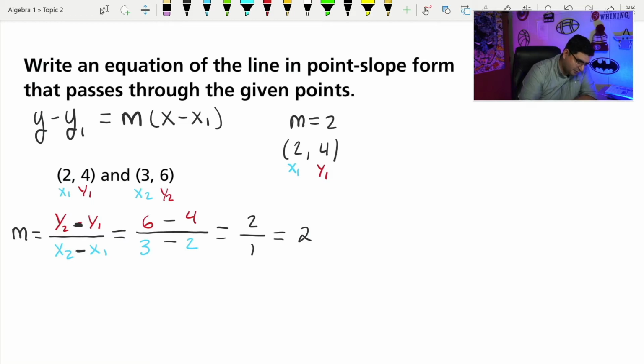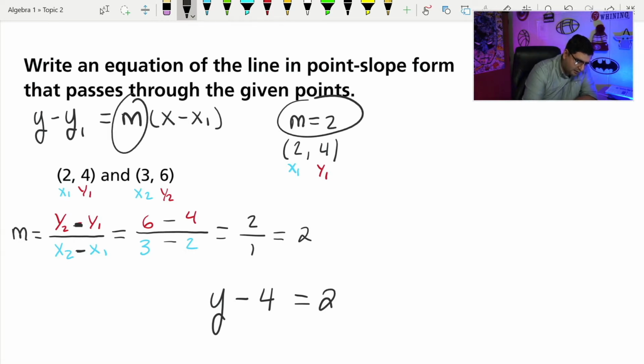So doing so would lead me to y minus y1, which in this case is 4. Again, I find that right here. y1 is 4. Equals m, which is 2. Again, all I'm doing is plugging things into this formula and writing it down here.